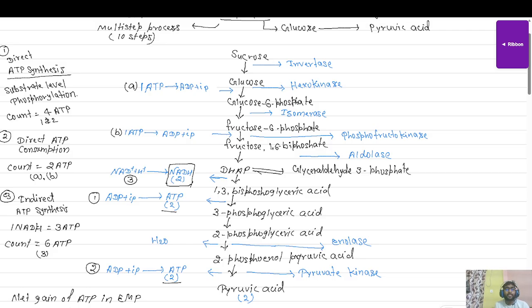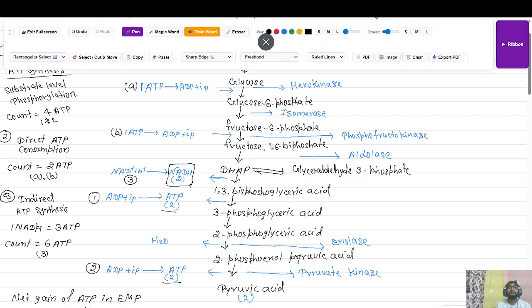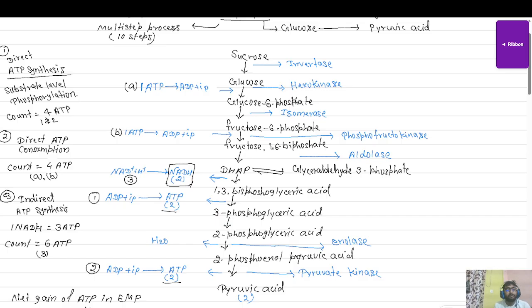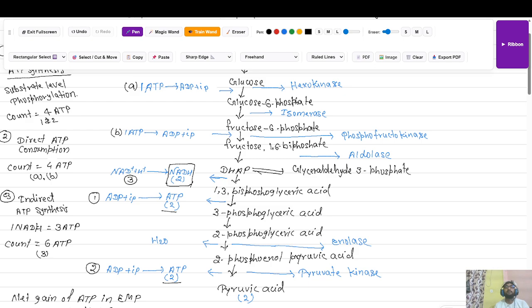How many ATP have been synthesized here? 4 ATP directly and 6 ATP indirectly, so a total of 10 ATP, minus the directly consumed ATP.